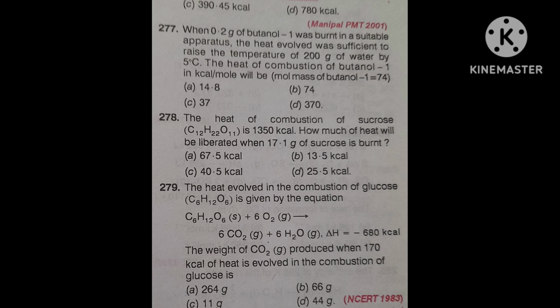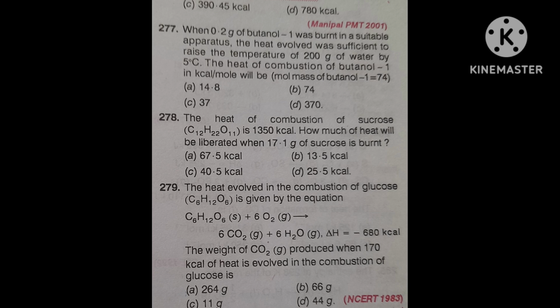Now you can understand evolution of 680 kilocalorie is accompanied by CO2, and what is the molecular weight of CO2? It is 44 gram. C means 12 and oxygen O2 is 2 into 16, 32, 32 plus 12, 44 gram.